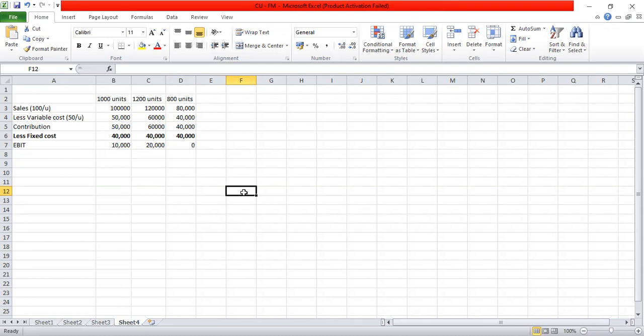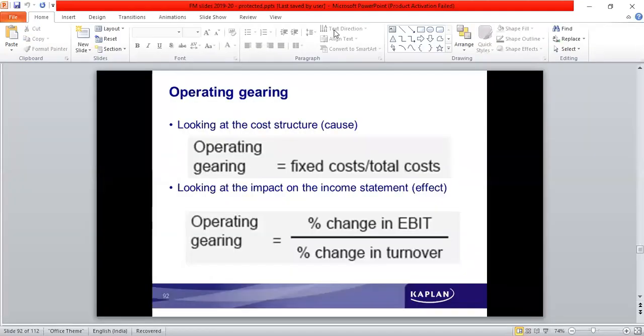Why is that changing? Because fixed cost is not proportionately changing along with the changes in the sales activity. Along with the turnover, we do not see that the fixed costs are also changing. So gearing is a situation where the firm can use fixed cost in their total cost.